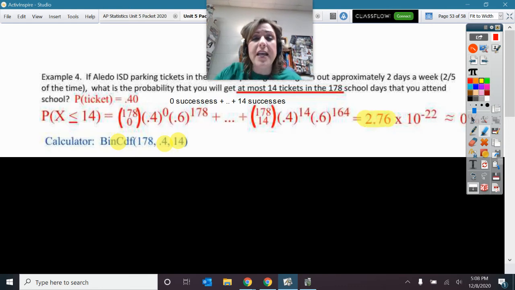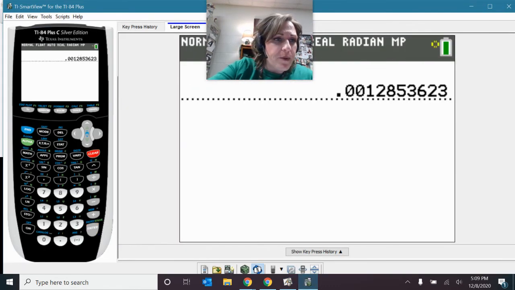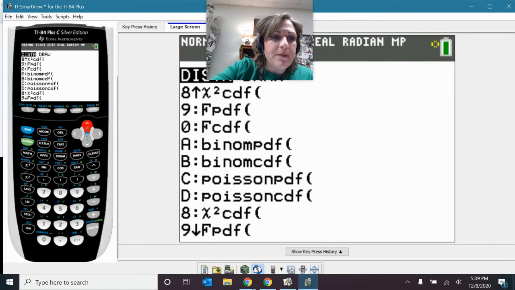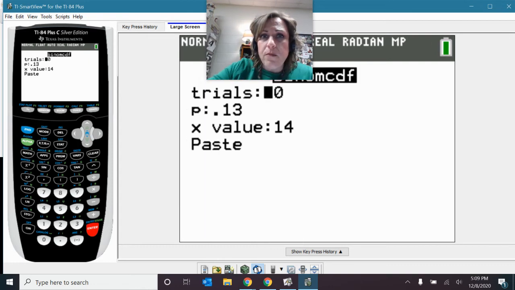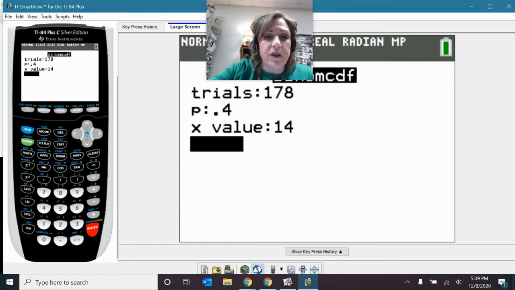Don't forget, if you get a number like 2.76, look at the end of the line because that's going to be probably a negative number. See, so if I was doing this real quick, let me just show you this because this is a common mistake that students will make. And it just can't be over 100%. So if I have 178.4 is my success rate, and I want up to and including 14.